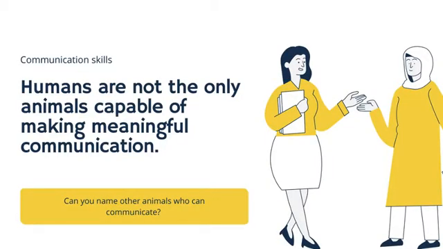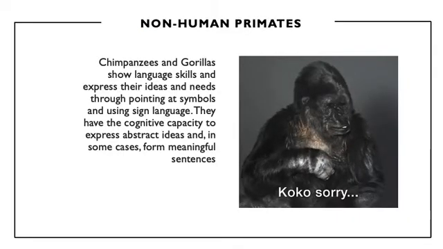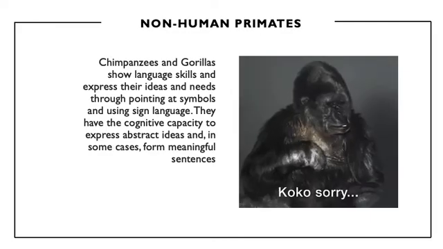Now, in terms of communication skills, humans are not the only ones capable of meaningful communication. Can you name other animals who can communicate? If you have seen before, they have tried to teach sign language to chimpanzees and orangutans. For example, here this chimp is trying to communicate, telling the person what he wants. And this is a gorilla.